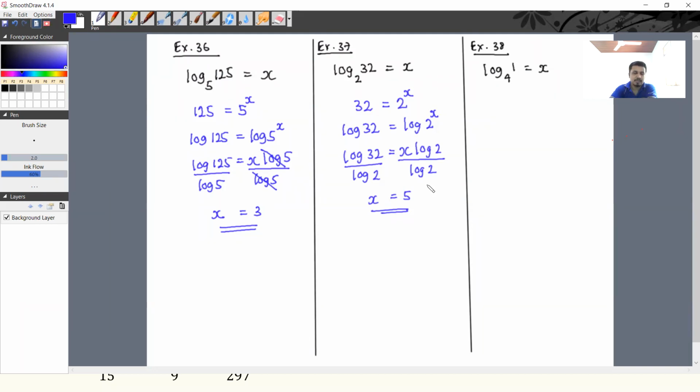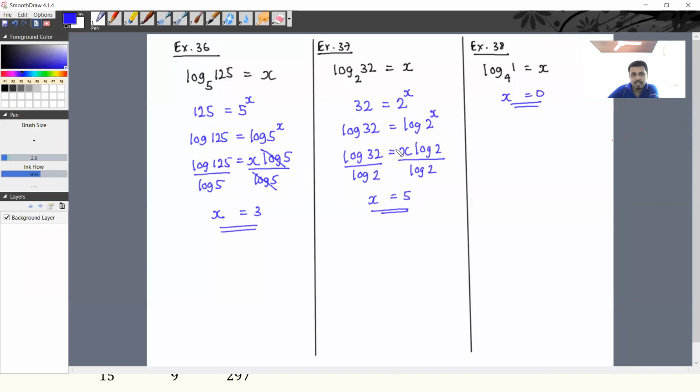Without going into detail, based on the primary properties of logarithm, we can provide the answer. Log of 1 to any given base, whether it is 4, 10, or 20, the answer should always be equal to 0. x should be equal to 0.